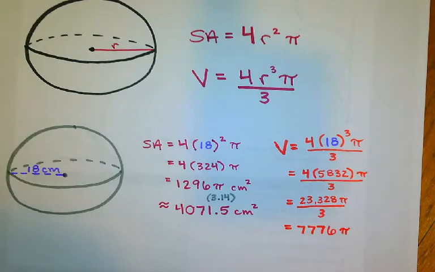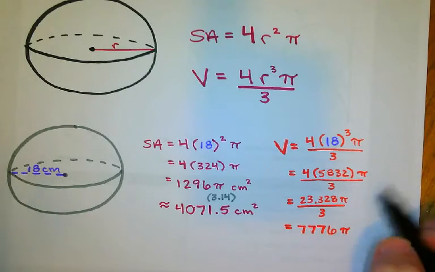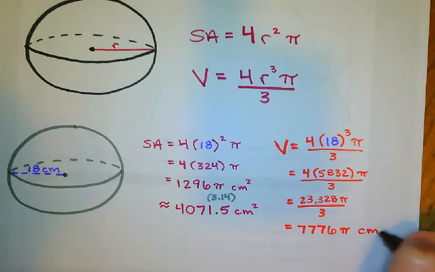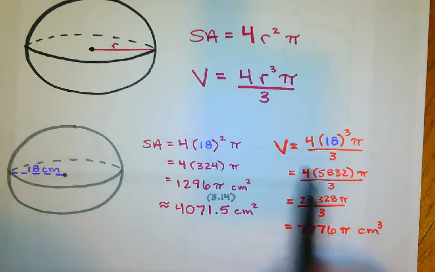If you do have a fraction, that's okay. Just leave it in fraction form, as simplified as you can get it. Alright? And then we would label this. This is centimeters cubed. Since we had to cube our radius, volume is cubed.